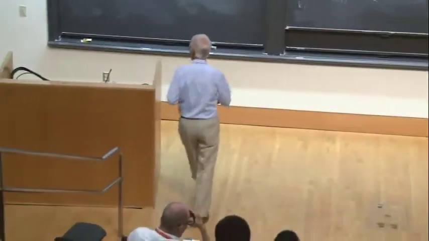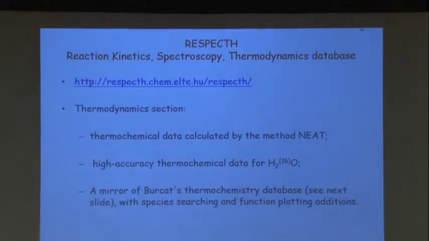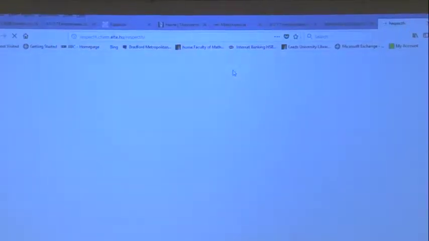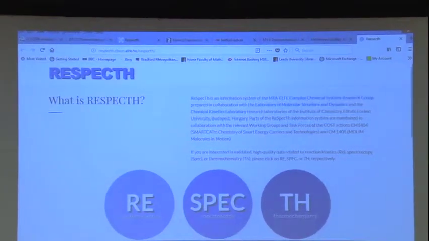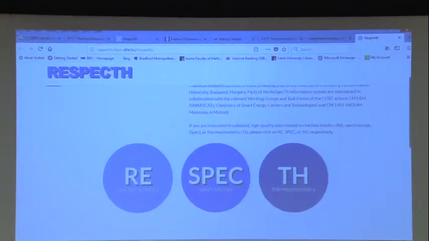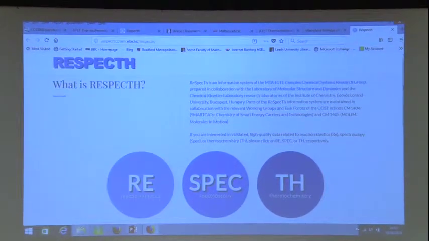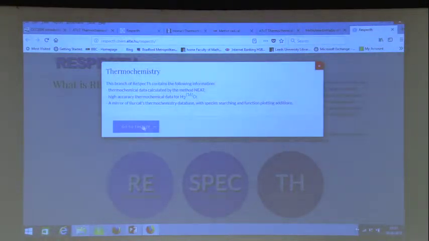So again, let's have a quick look at this. So this is going into this database, and you can see that there are kinetic data, spectroscopy data, and also thermochemistry data. Let's go into the thermochemistry data.